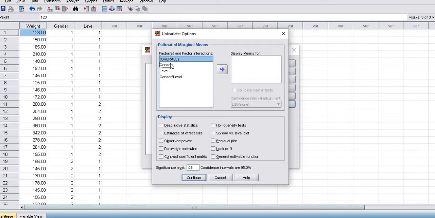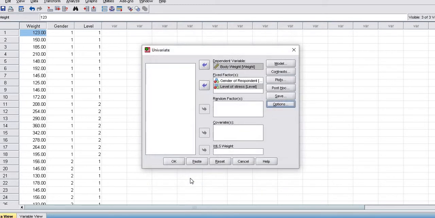We have selected descriptive statistics for gender, for level, and for interaction. Now we have to continue.